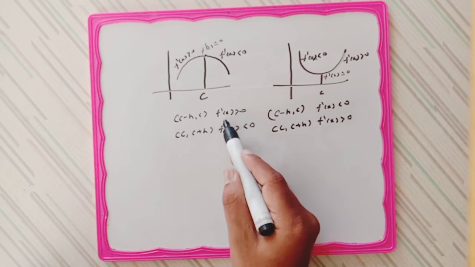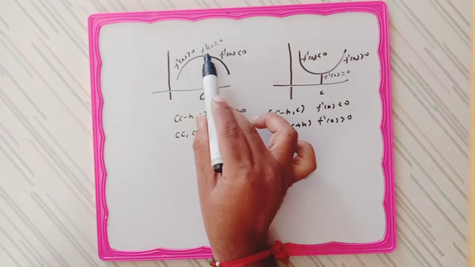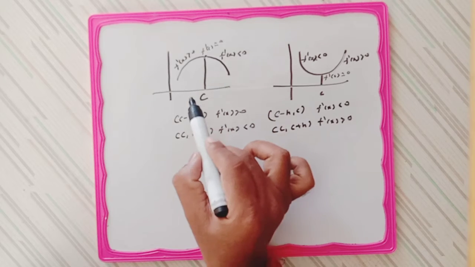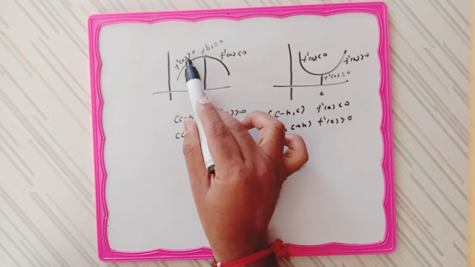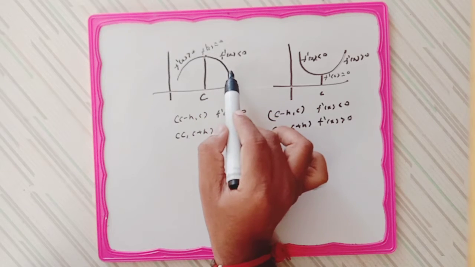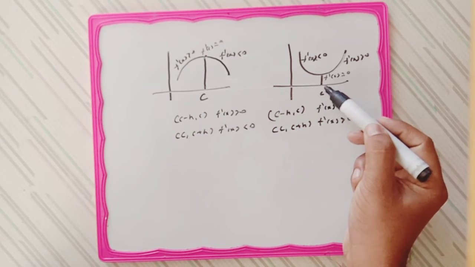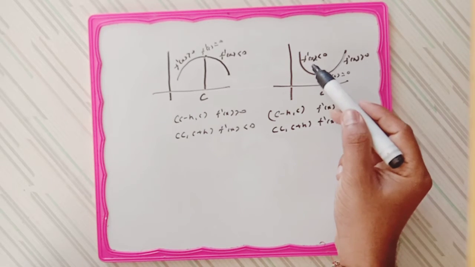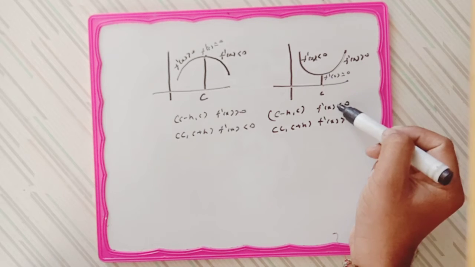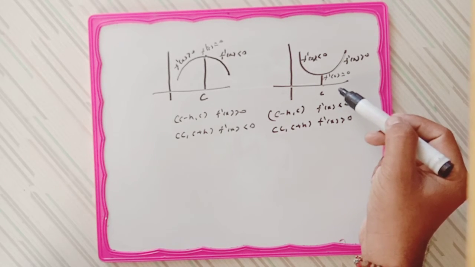So we can say that if f(c) is the maximum value, then in the first interval c minus h to c, f dash x is greater than 0, and in c to c plus h it is less than 0. And if f(c) is the minimum value, then in c minus h to c, f dash x is less than 0, and in c to c plus h, f dash x is greater than 0.